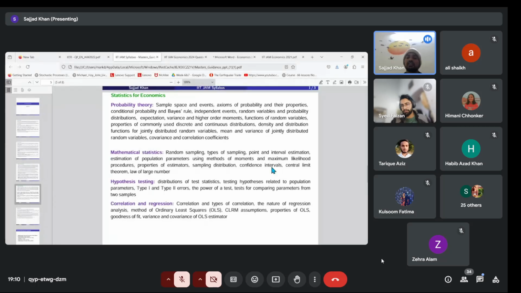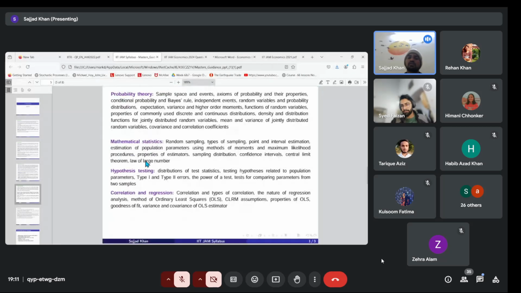The central limit theorem is the most important here, because it is based on convergence: if a large data set is given to you, it approaches the normal distribution.